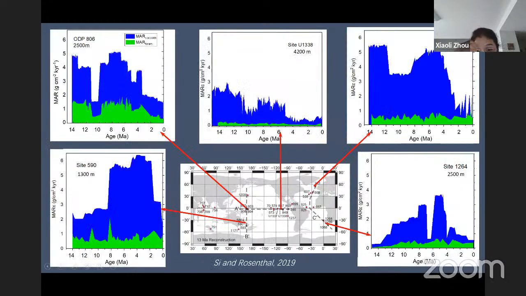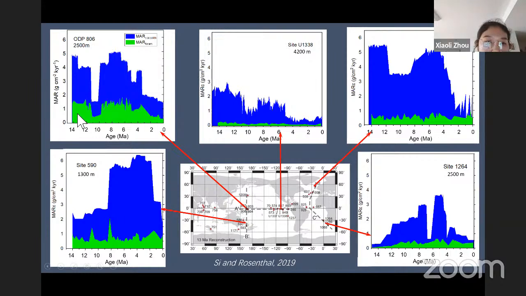So basically he estimated the mass accumulation rate, the MAR, of coccoliths and foram from all these cores. So these 5 figures show you the MAR from the shallowest site at each location.